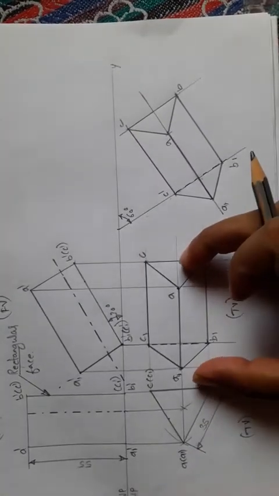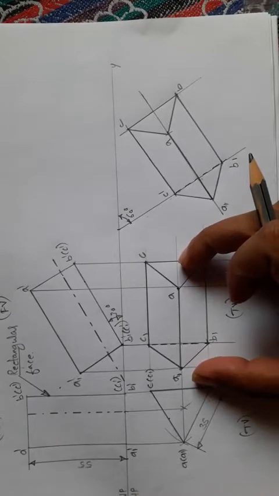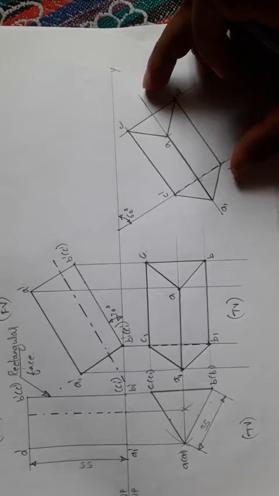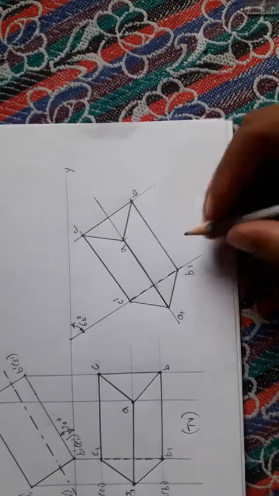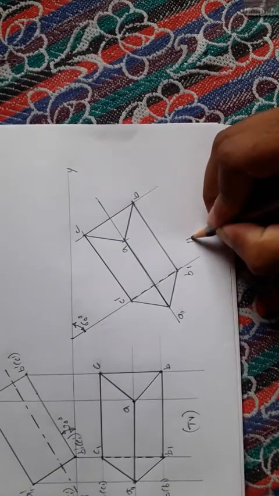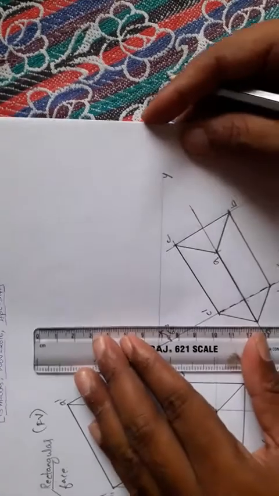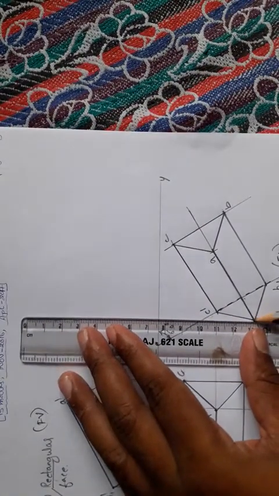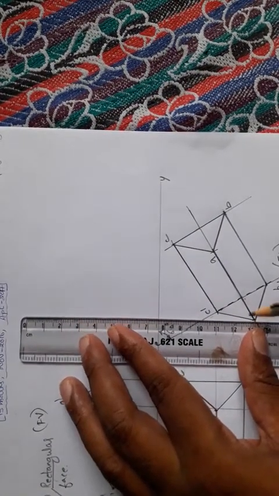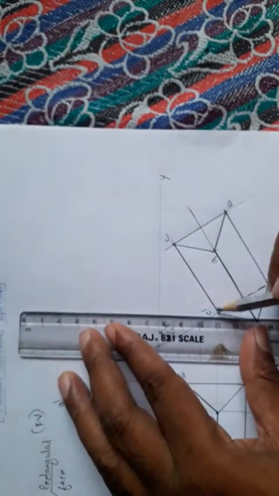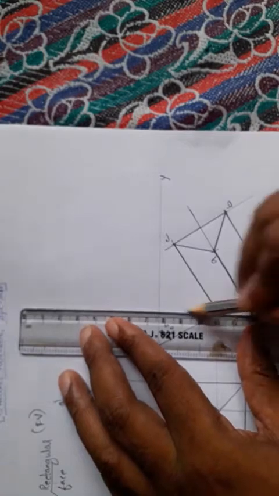The same position is to be inclined at an angle of 30 degrees to VP. So this is the third stage of the top view. I am going to draw the vertical projection from the top view of the third stage from each corner.